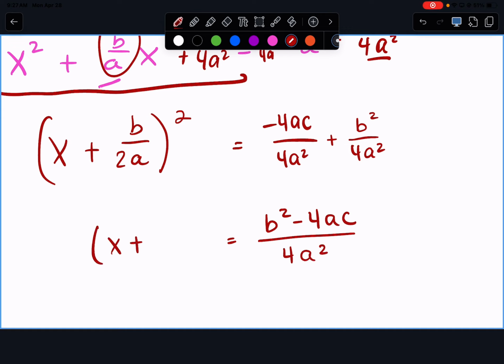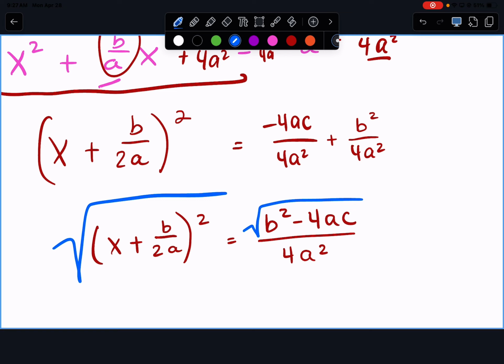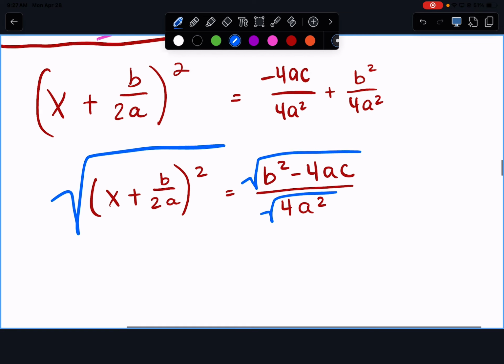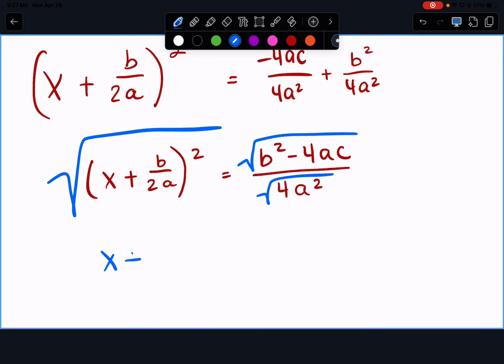Now, to solve from right here, what do I have to do? Take the square root. When I take the square root of a fraction, I have to take the square root of both the top and the bottom, right? Now, do I know any method for taking the square root with a minus sign in it, like b squared minus 4ac?